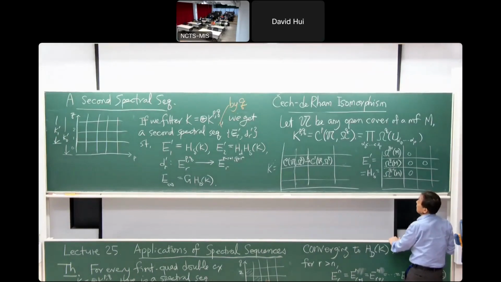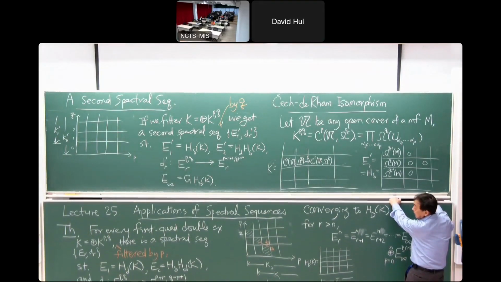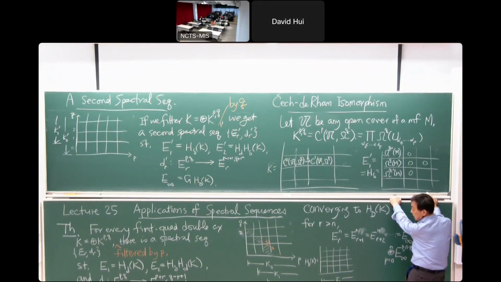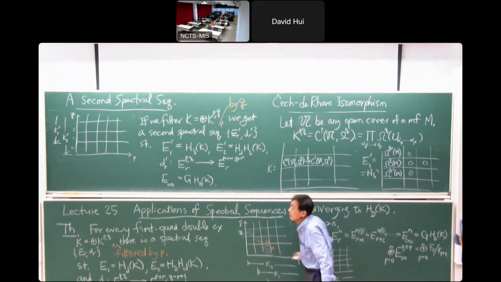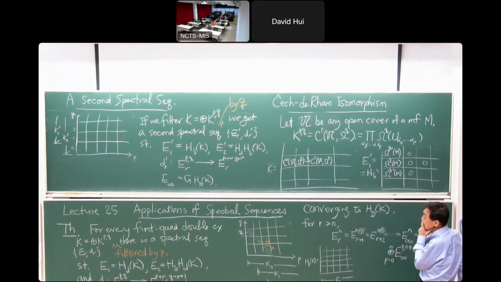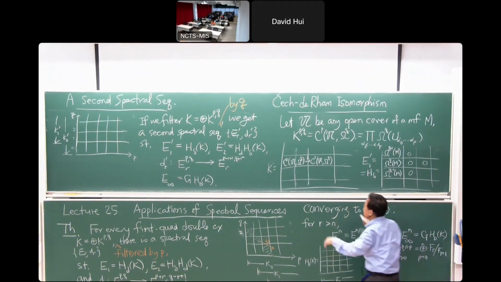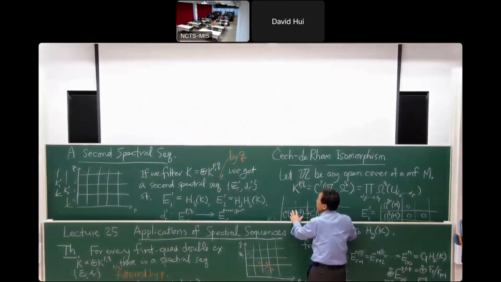And then now we take E2 prime. So we take H_D of this. Well, I think I can erase that part there. Let me leave the theorem there.